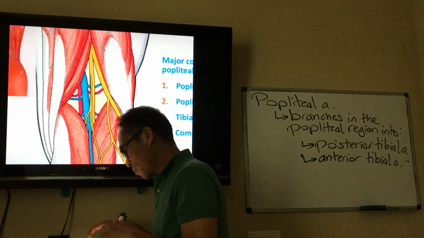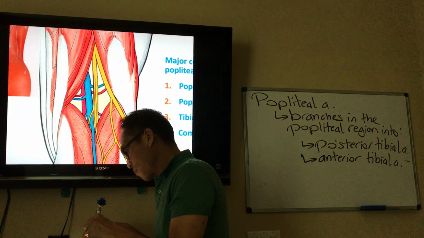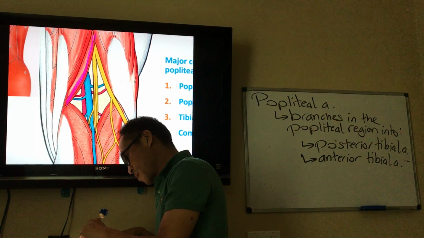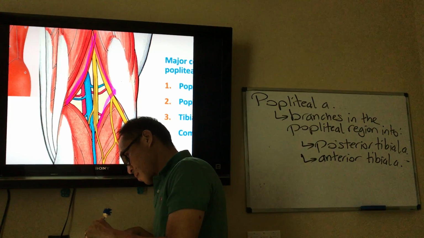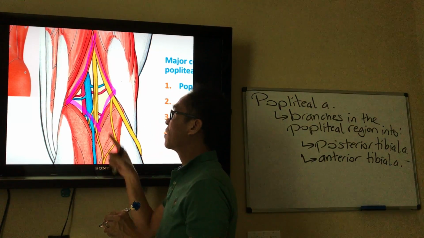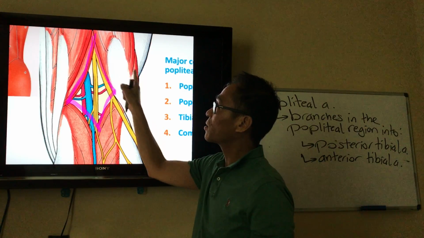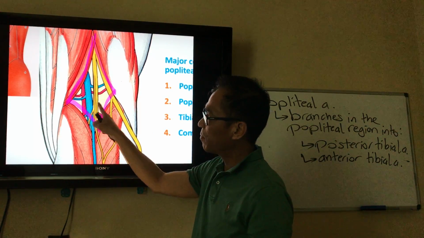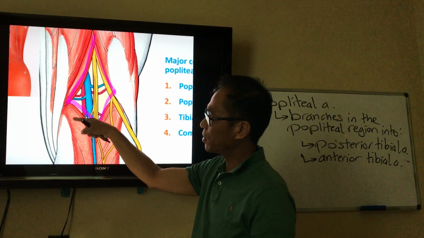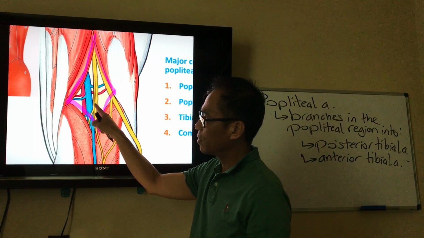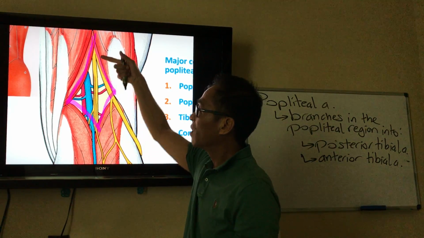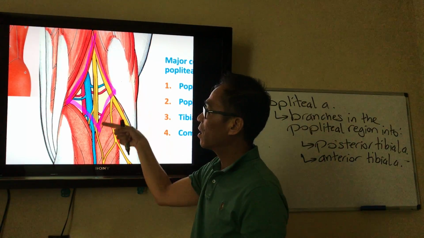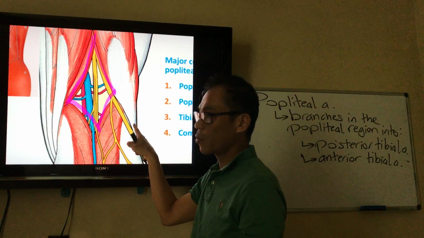Let me trace it so you can see the diamond shape, created by the gastroc bellies and hamstring muscles. Here are the contents: you can see the major nerve, artery, and veins. Popliteal artery and vein, red and blue respectively. And here's the sciatic nerve, which bifurcates into its two divisions, the tibial and the common peroneal nerve.